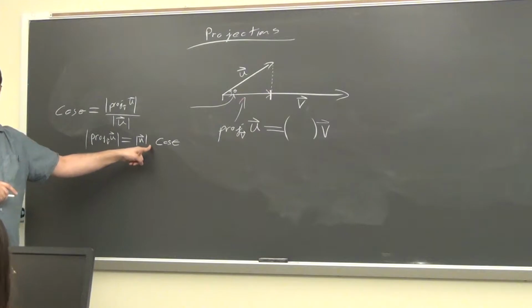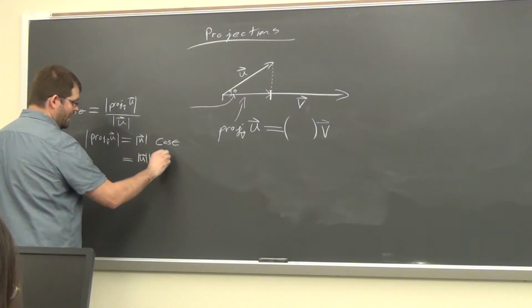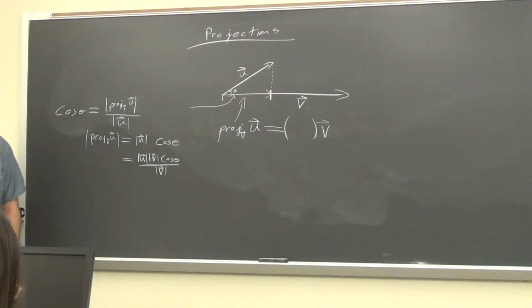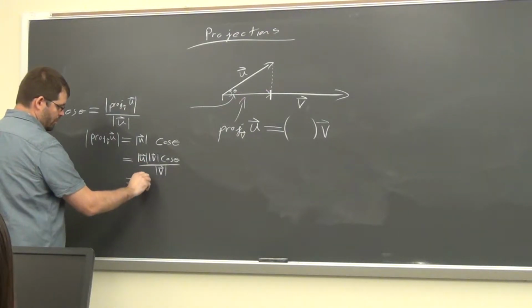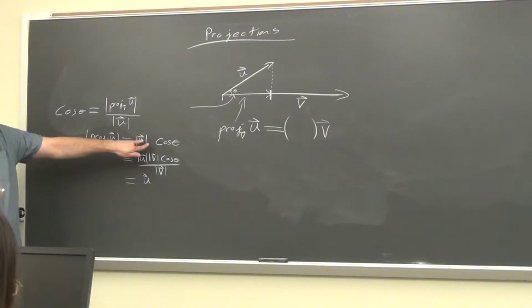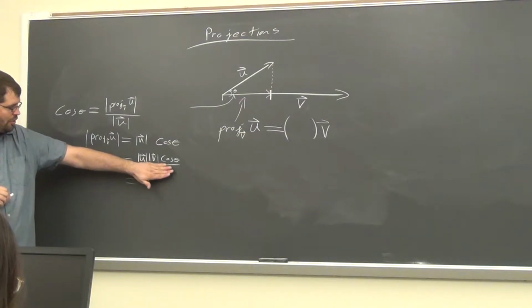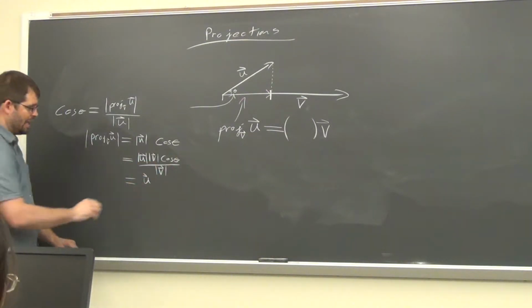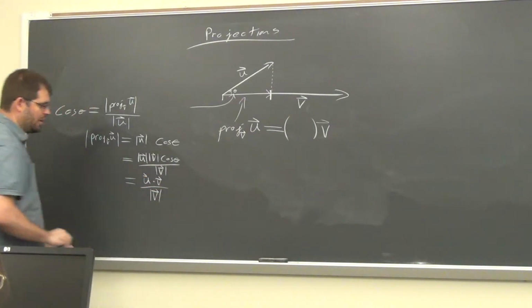We're just missing the magnitude of v, so if we add that in on the top and bottom, we'll leave the magnitude of v in the bottom, and now that top is the dot product. So that's u dot v, a nice, easy thing to compute, over the magnitude of v.